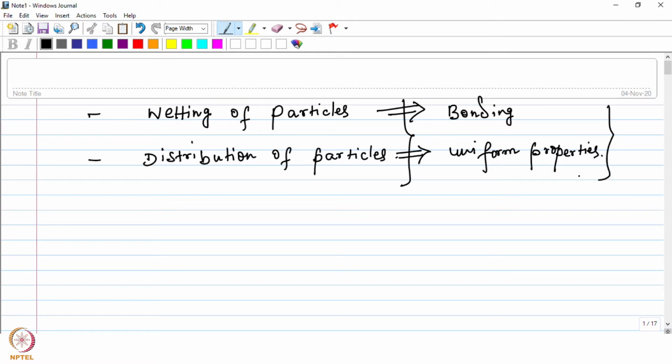Okay. So in the previous class, we talked about this wetting aspect, which basically depends on the contact angle between the liquid and the solid reinforcement particles.